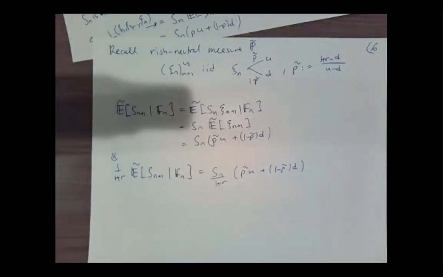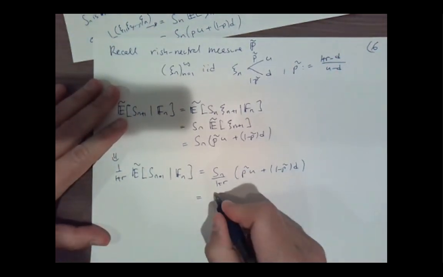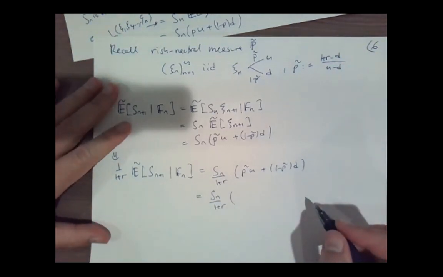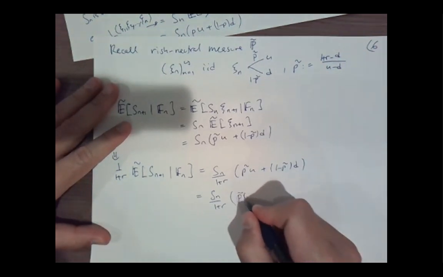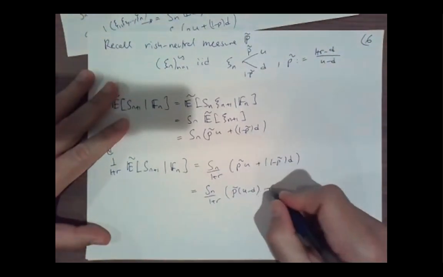Can we get something interesting here? Well, let's try it out. I'll get Sn over 1 plus r. I'll get p tilde times u minus d. And then I'll get plus d.